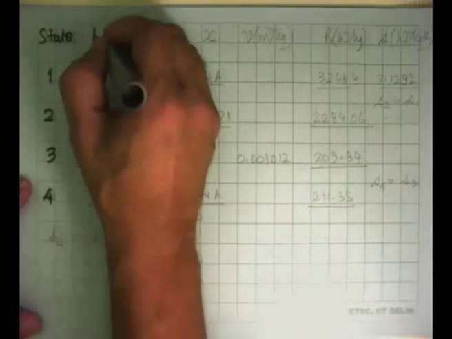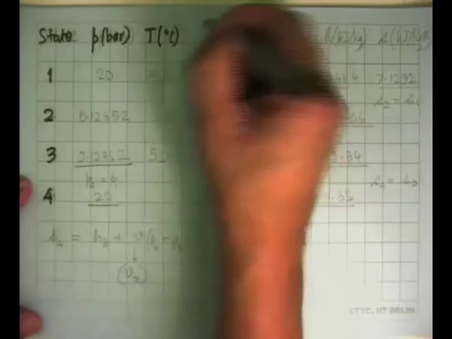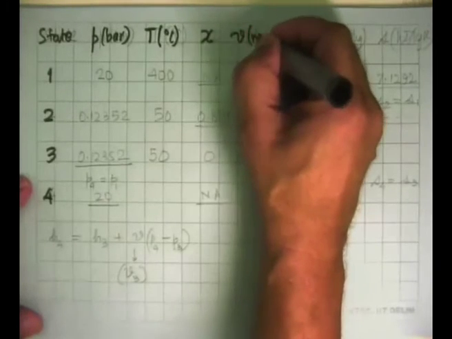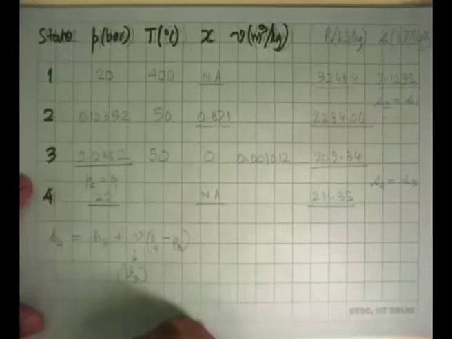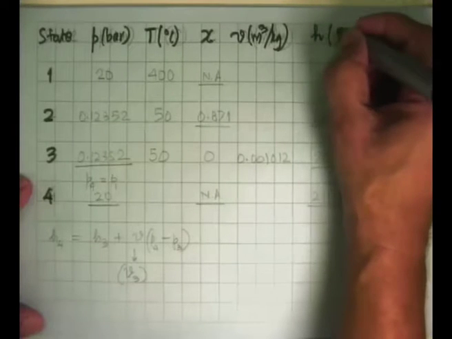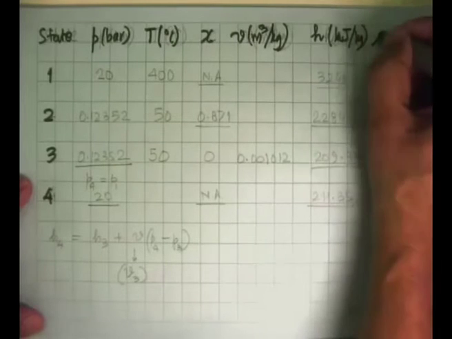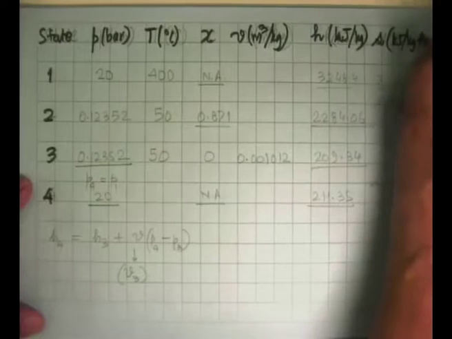So first we will put pressure in bar, then the temperature in degrees Celsius, dryness fraction if applicable, specific volume, meter cube per kg. In a flow system we know that internal energy is not coming into the equation, so I will only worry about specific enthalpy, kilojoules per kg, and specific entropy, kilojoules per kg per Kelvin.